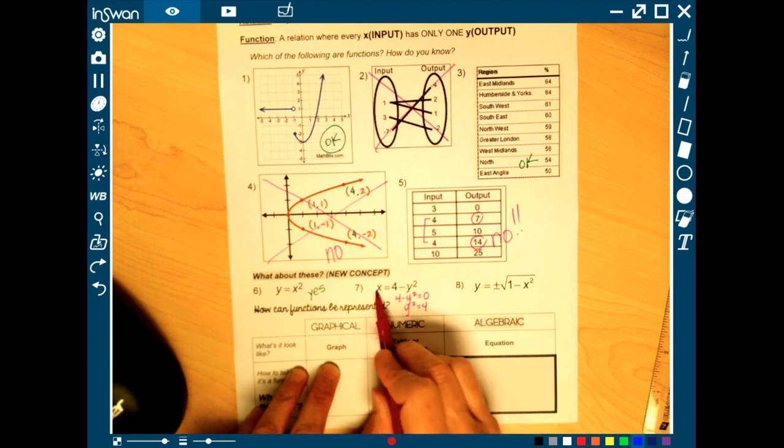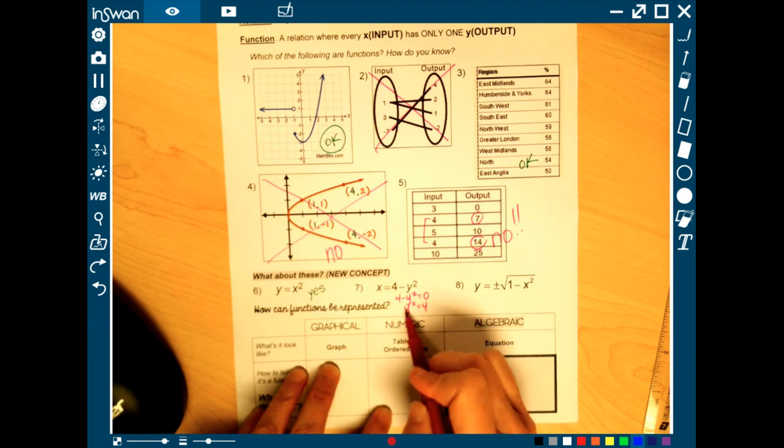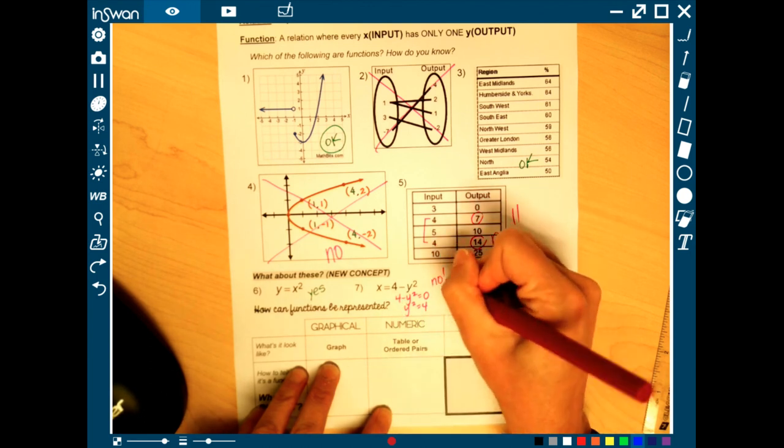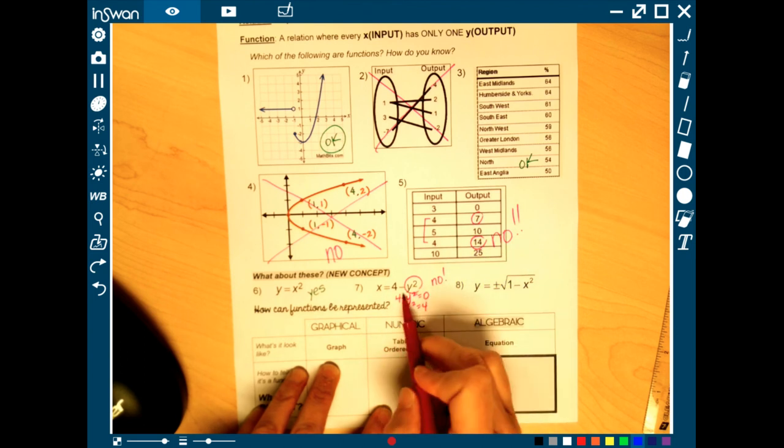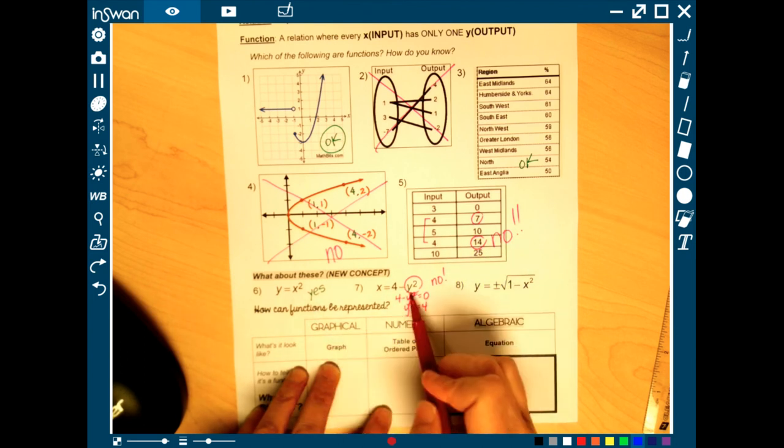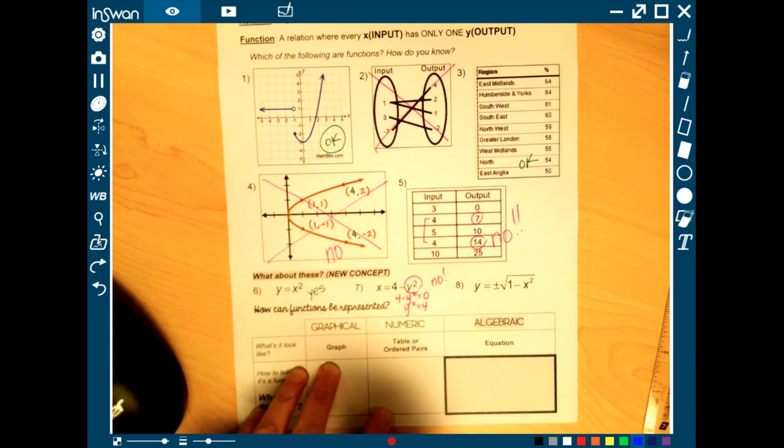That means that for one x value, I'm getting two different y's. This is a no. The key to remember in this one, if you ever have something that's not written explicitly, not in y equals, and you see anywhere in there, if it's y squared or any other even power of y, then it's a no.